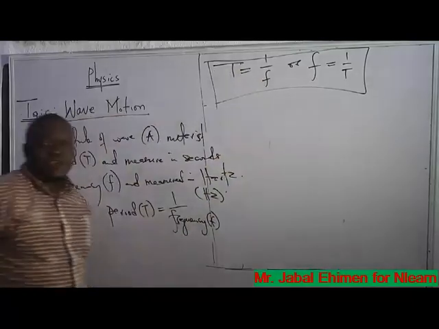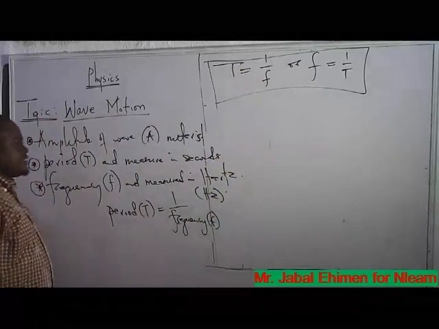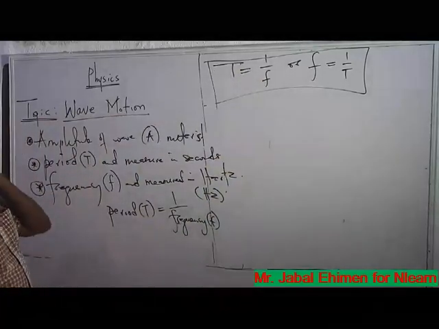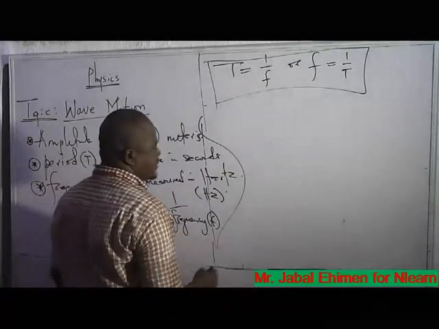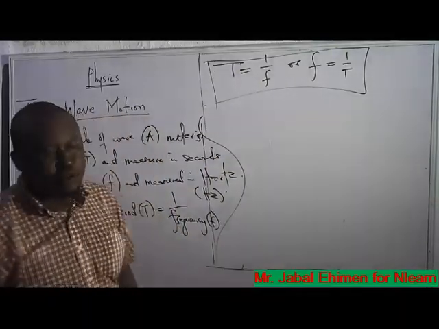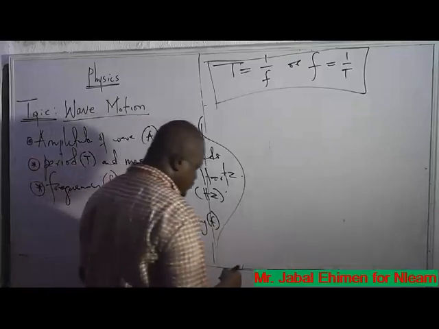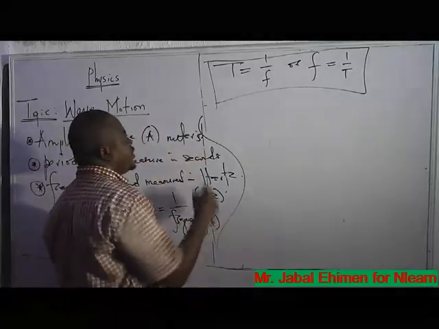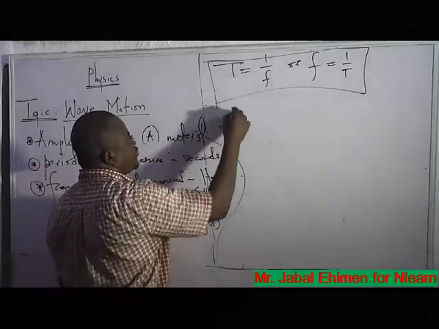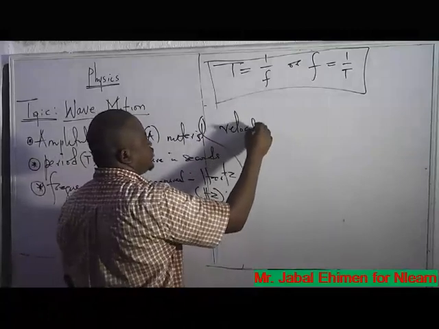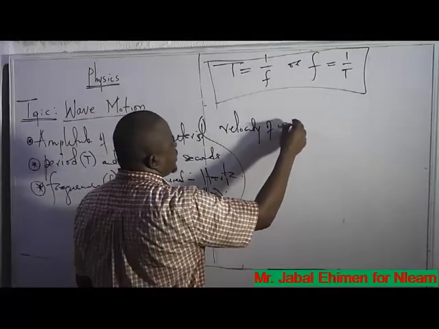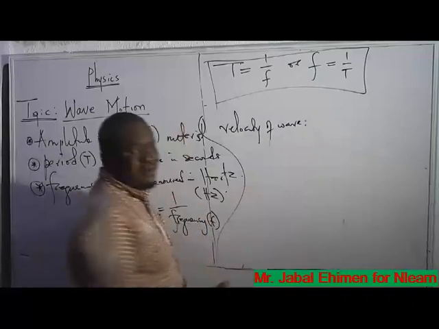Now, there's something else that we can talk about to describe wave. Another one is what we always call velocity of wave. Now this velocity of wave, what is it all about?